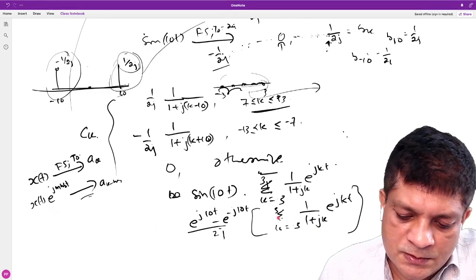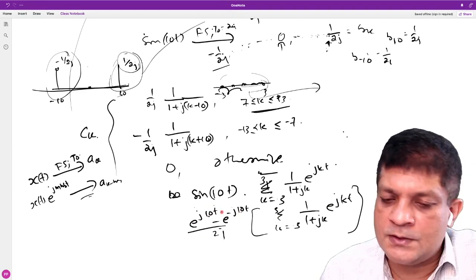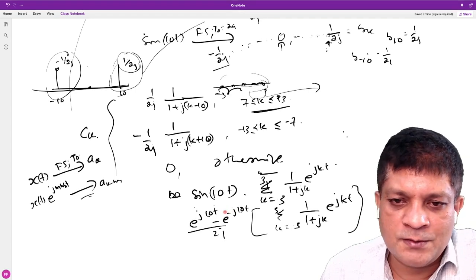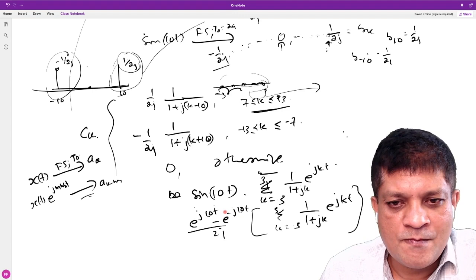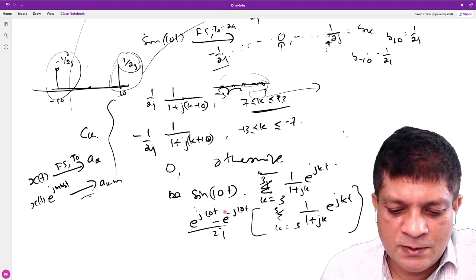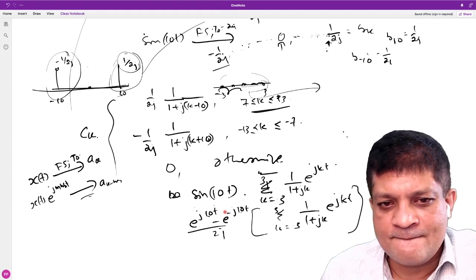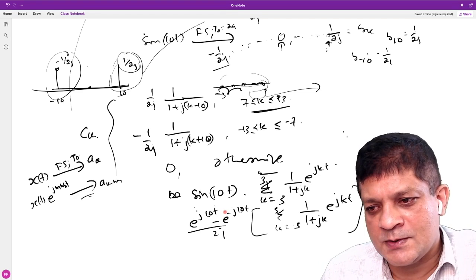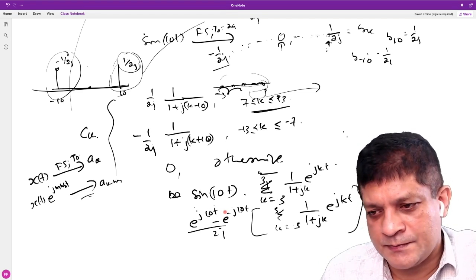If you use it, there is one shift by 10 and one shift by minus 10. Will you get the same answer? Yes, you'll get the same answer. Which one is easier, this one or the convolution one? This one.